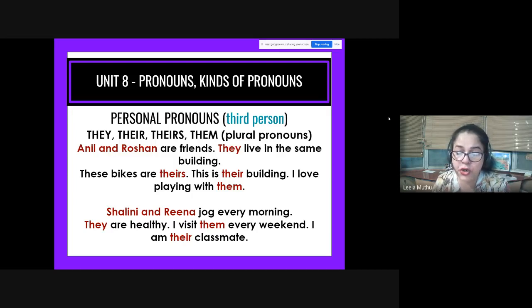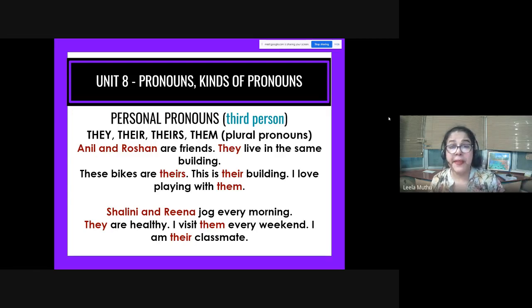Shalini and Reena jog every morning. Now, these are two girls. Initially, in the first example, they were two boys, but the pronouns they, them, theirs, their do not care about whether it's masculine or feminine. They are used in both cases, whether it's a combination of masculine and feminine, or only males or only females. So Shalini and Reena jog every morning. They are healthy. I visit them every evening.